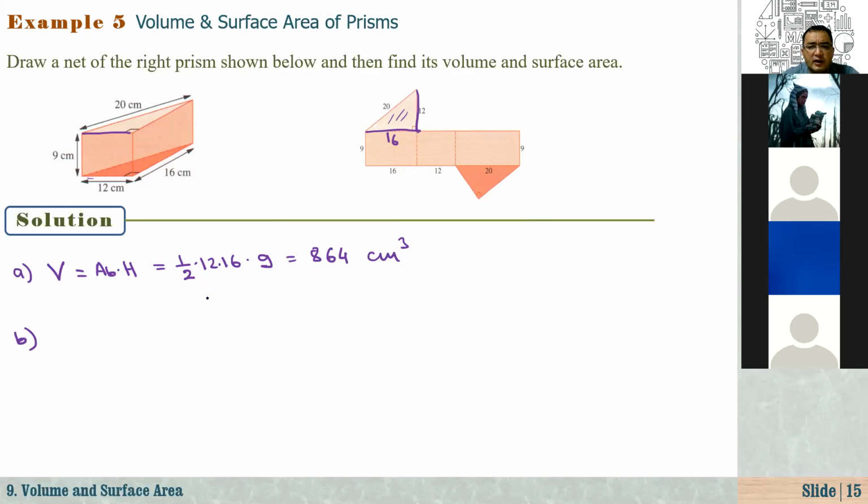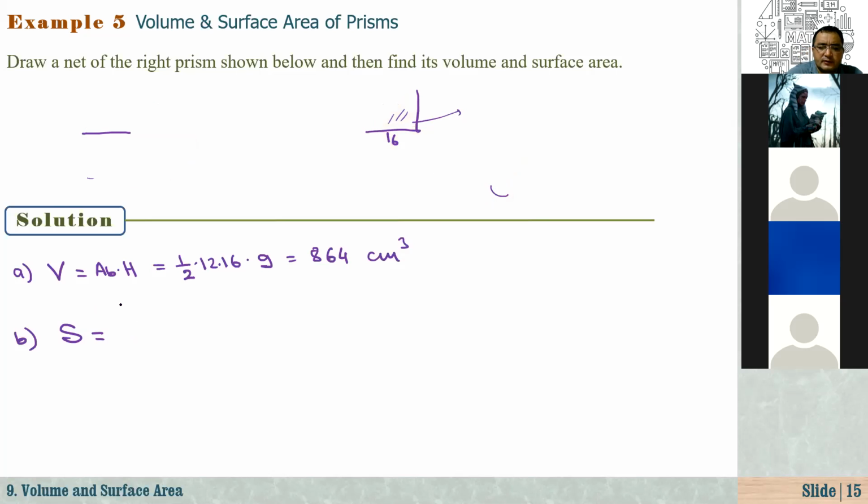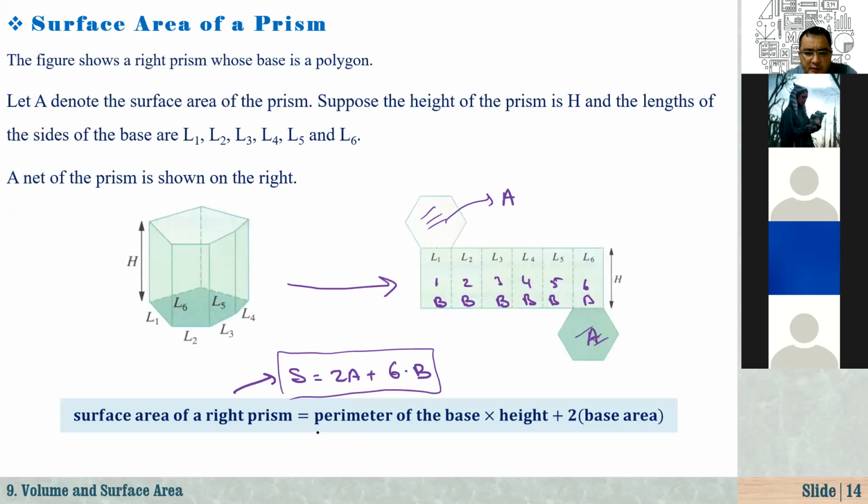Part B, to find the total surface area. As you see here, we have 5 figures. That is a triangle, and also another triangle. The total surface area, let me denote by S. Using this formula: perimeter of the base times height plus 2 times the base area.